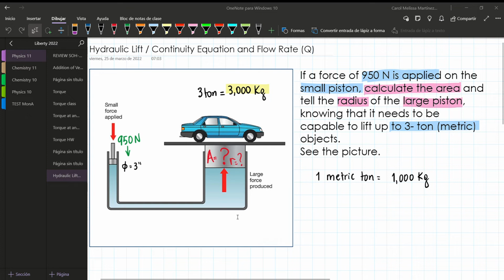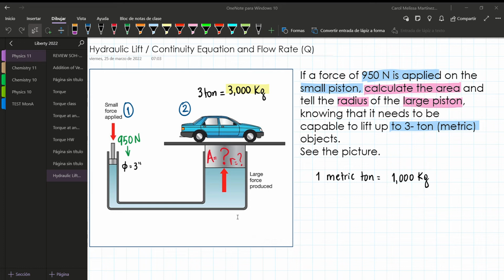Okay, so when we talk about a hydraulic lift, we need to apply Pascal's principle. Pascal's principle says that we are going to identify the side 1 and 2. My small side, I always call side 1, and my large side, I call side 2. That's just me. So I need to apply Pascal's principle.